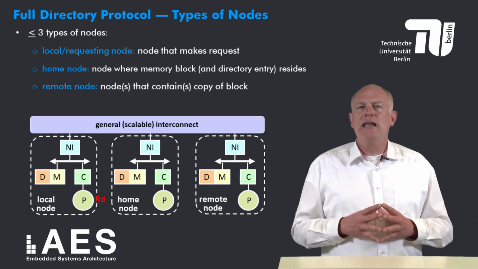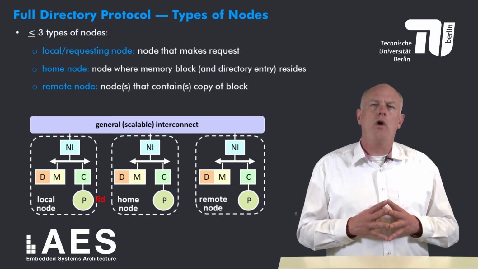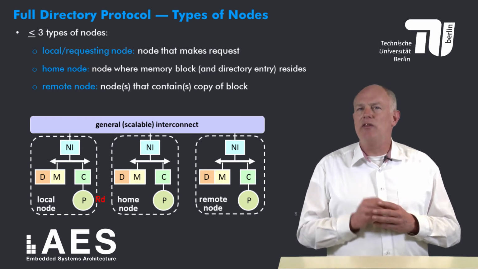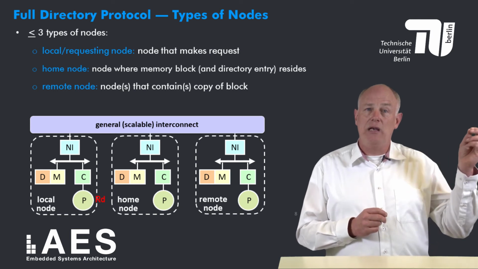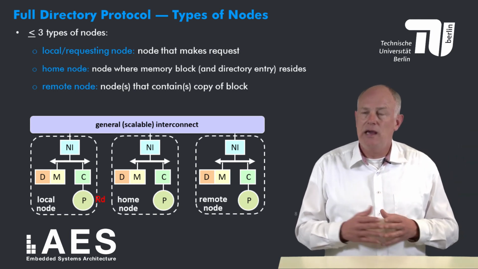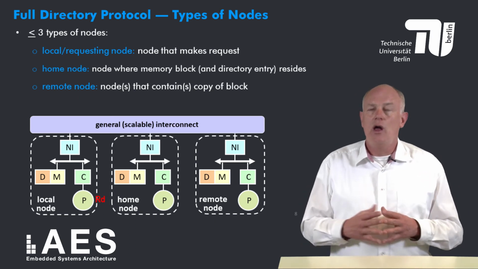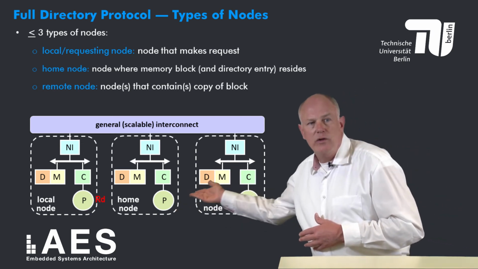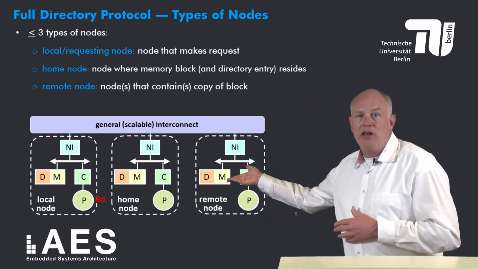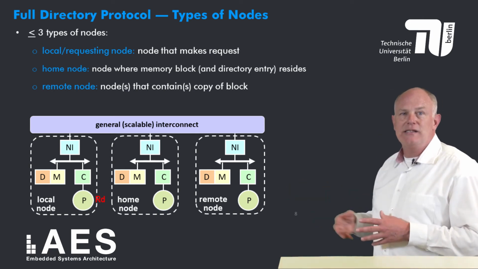To give you an idea how the directory protocol works, let me now illustrate the sequence of messages that need to be transferred between the participating nodes. Here we have a CC-NUMA with 3 nodes. The local node that makes the request, the home node that contains the block and the directory entry in the middle, and the remote node on the right.